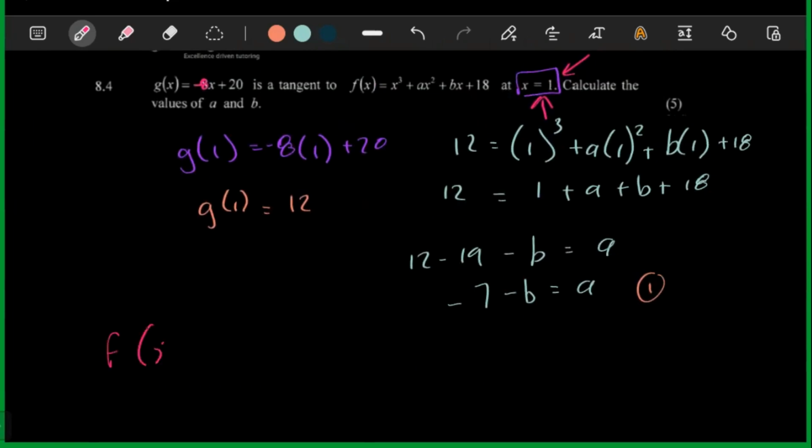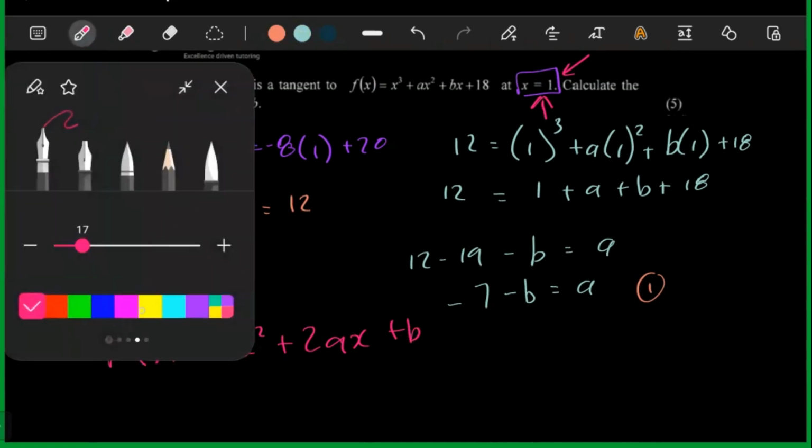The gradient equation of our curve is the first derivative. So here we're going to have 3x squared plus 2ax plus b.